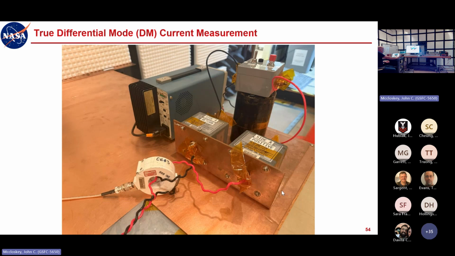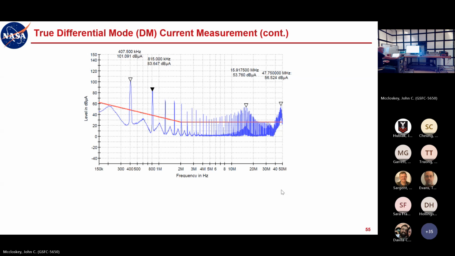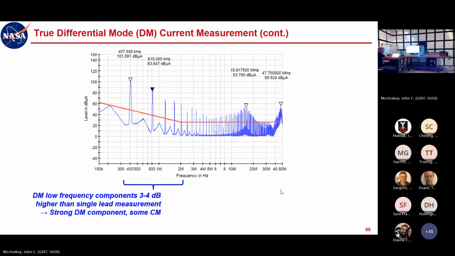Now we'll do a true differential mode current measurement. So this is what we get here. The differential mode low frequency components are about 3 to 4 dB higher than what we get with the single lead measurement.